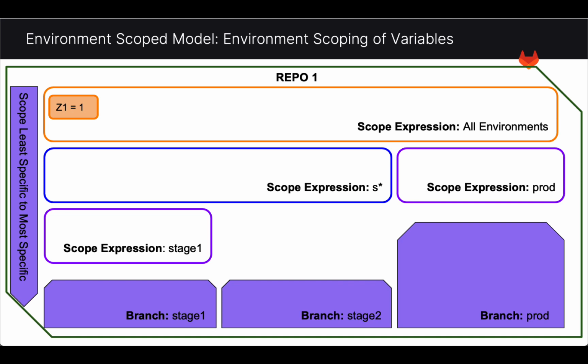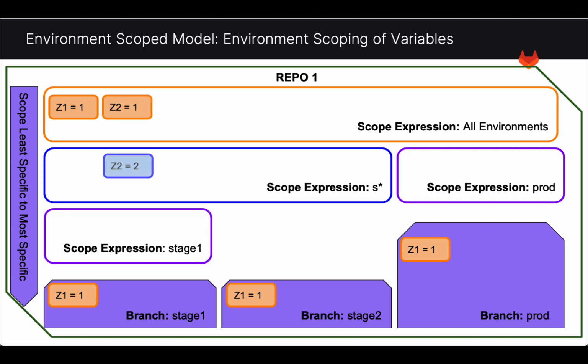So if we set Z1 equals 1 at the all environments level and nothing else is set anywhere, then that is what's inherited all throughout. If, however, we set Z2 equals 1, but in this scope S star, we set it to 2, then in the two branches that qualify with S star, it will be set to 2.